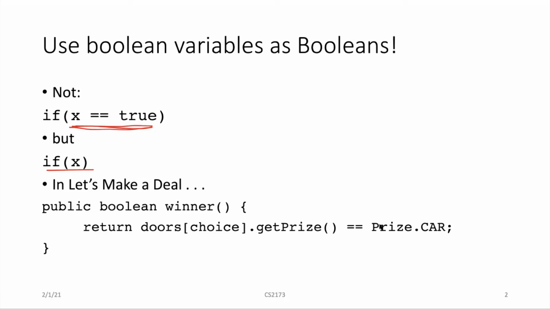Okay, so as an example, in the Let's Make a Deal problem, the way to write the winner method is something like this, rather than going through a lengthy if this then that, etc. In other words, this expression is a Boolean expression which is either true or not true, and this is the cleanest and most clear way to express what's going on.